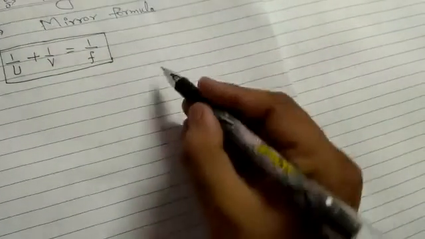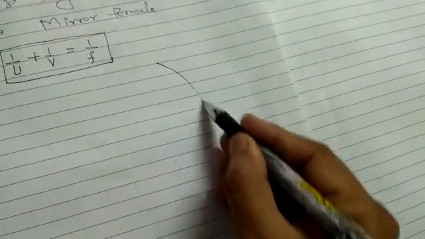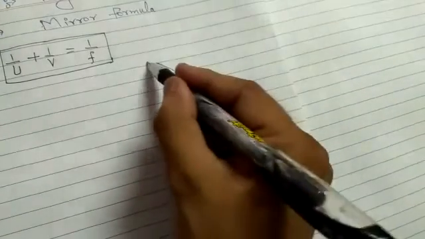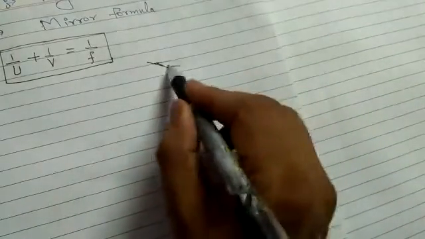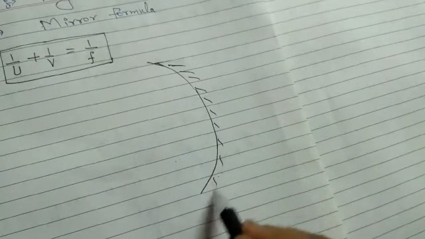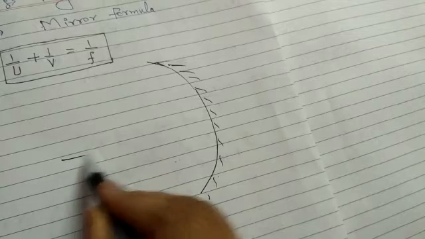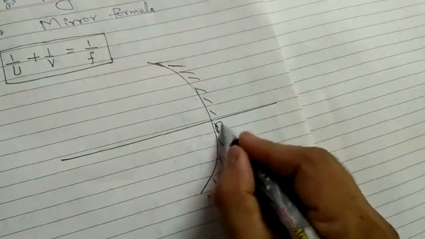So let this be a concave mirror, and let this axis be called the principal axis. P stands here, the pole.